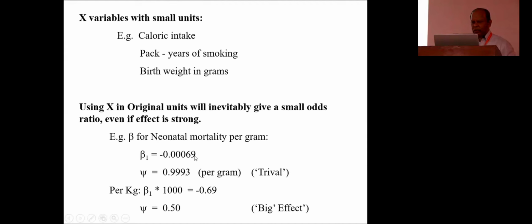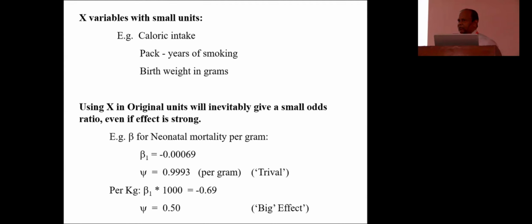Your question is what this is. Say, for example, in this analysis, neonatal mortality, yes or no, is your dependent variable. Is that right? And the calorie intake is in grams. Now, when you look at the regression coefficient, it says 0.000.